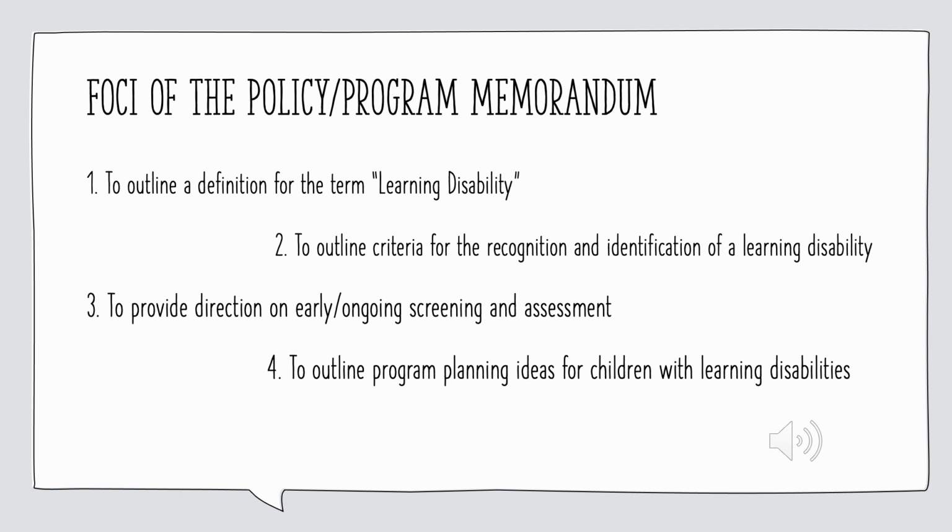In particular, when to keep an eye out and the criteria for how a child is assessed with a learning disability. 4, to outline program planning ideas for children with learning disabilities.